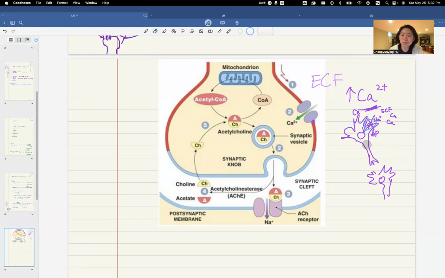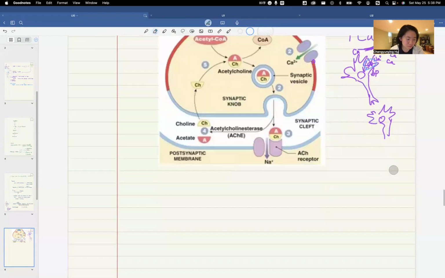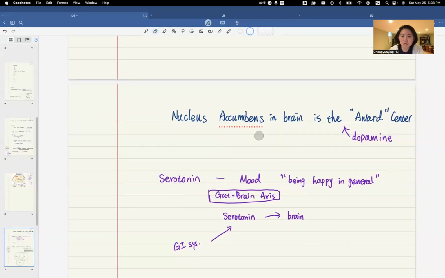That will make this neuron harder to reach action potential, and the message won't be passed on. That will also lead to muscle weakness. The nucleus accumbens in the brain is the reward center, where dopamine binds.